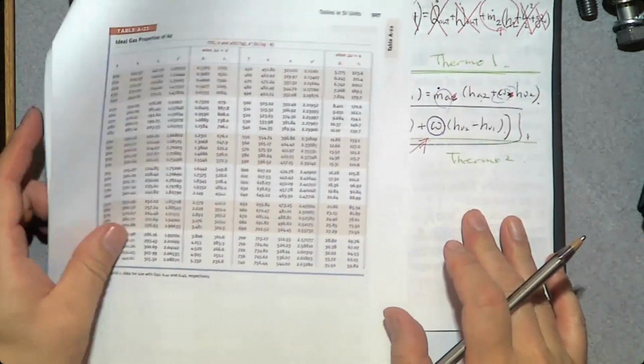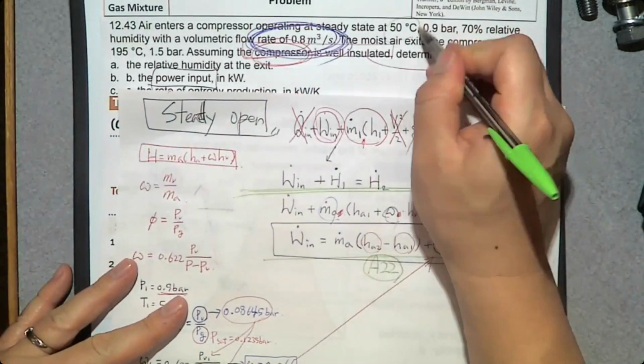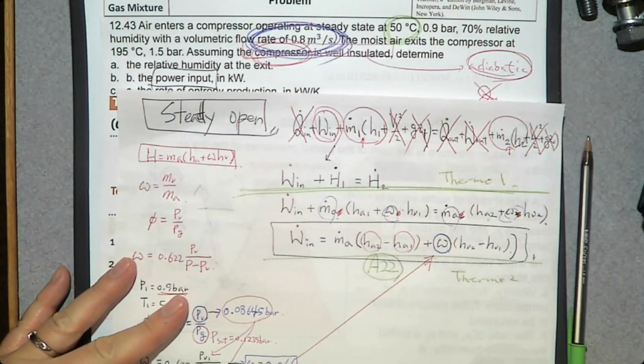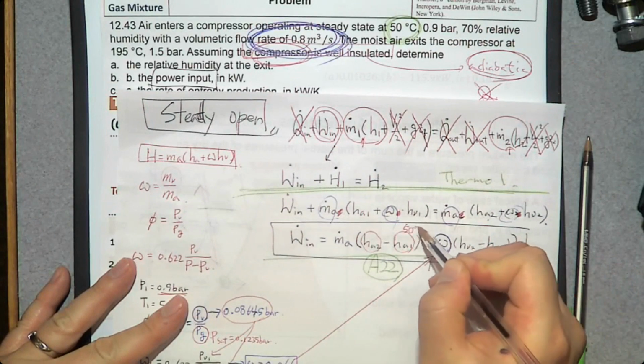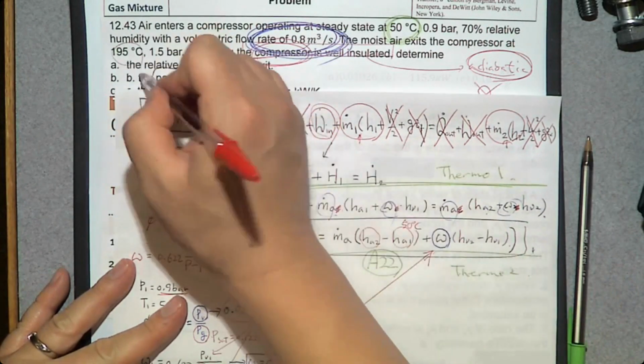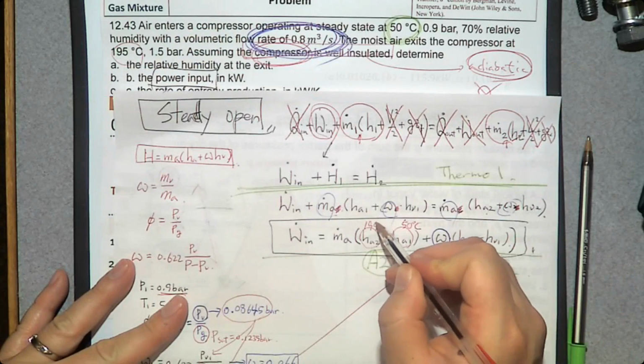So what is the inlet temperature? 50. And what is the exit temperature? 195 degrees Celsius.